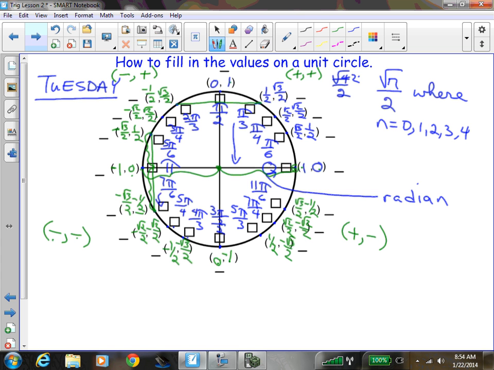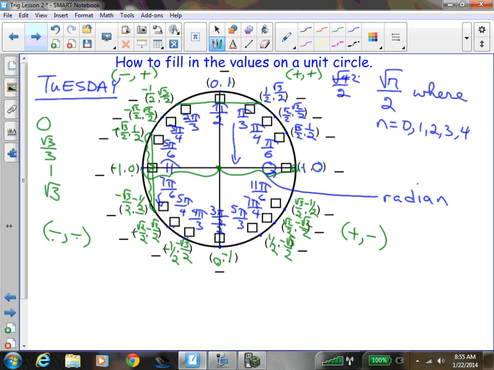Okay, now the last thing that we have to do is we have to get the tangent values on the outside. All right, so with the tangent values, one of the things that I think of is this. You get zeros, you get square root of 3 over 3s, you get 1, you get square root of 3s.